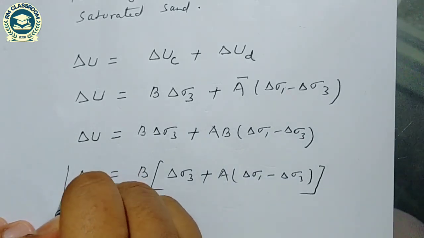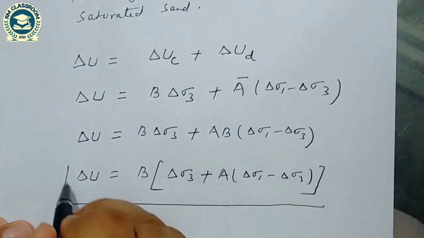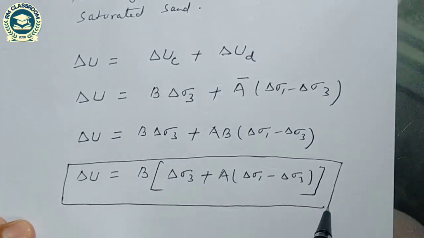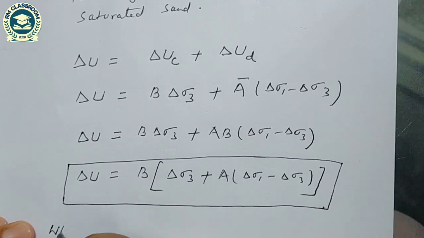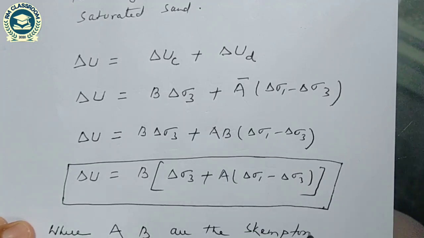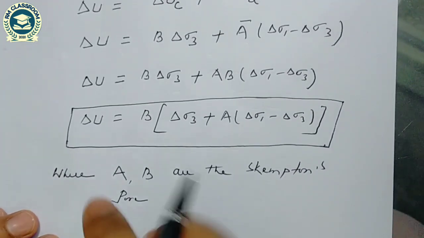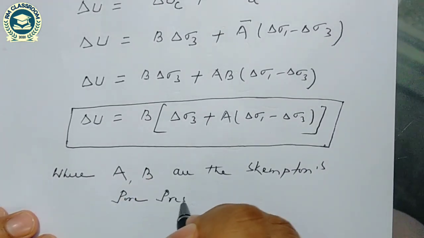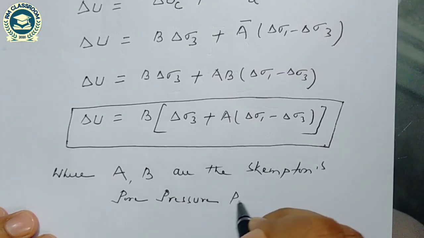So this is the expression of the overall change in pore water pressure, where A and B are Skempton's pore pressure parameters.